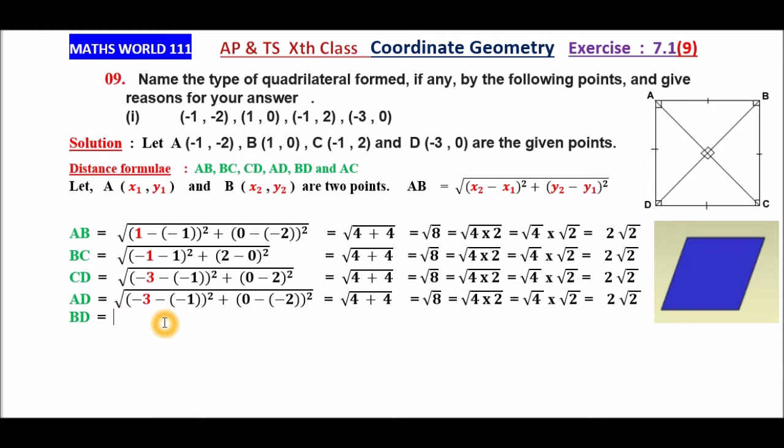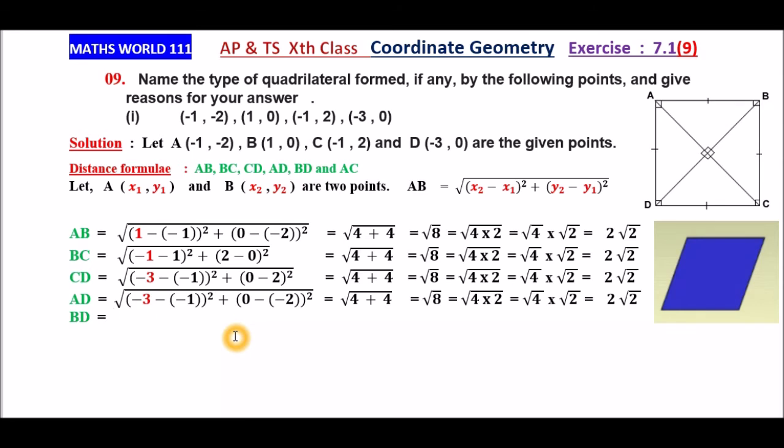So BD is equal to square root of (x2 minus x1) whole square, this one and this one, x2 minus x1 whole square, (minus 3 minus 1) whole square, plus (y2 minus y1) whole square, (0 minus 0) whole square.